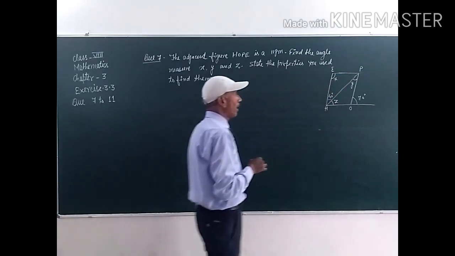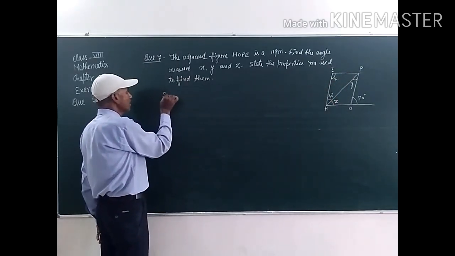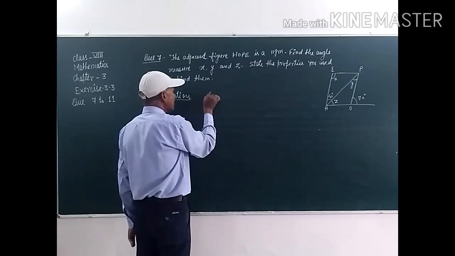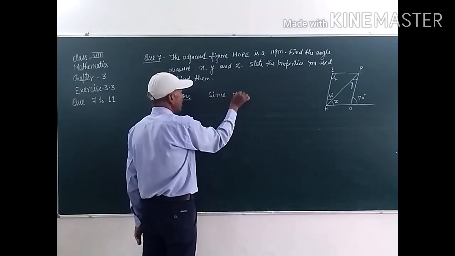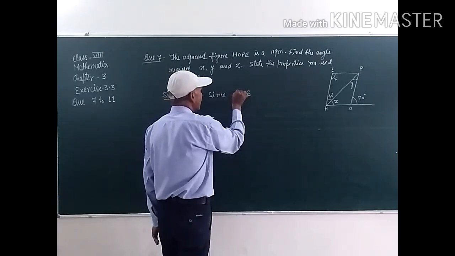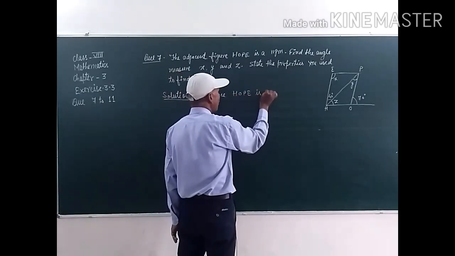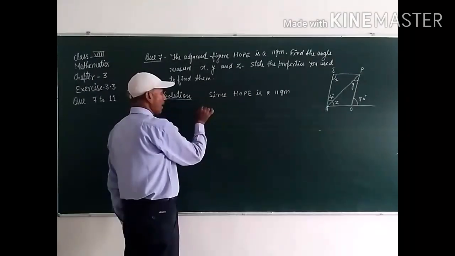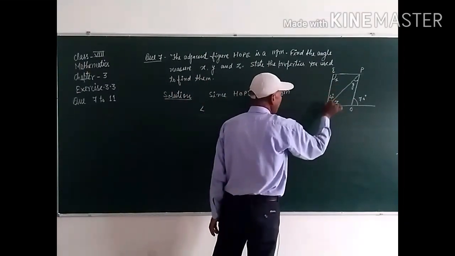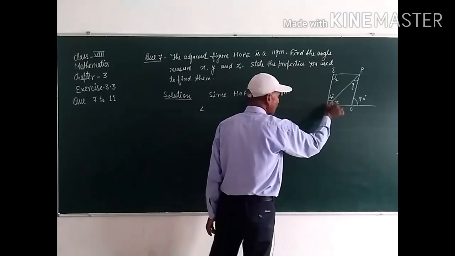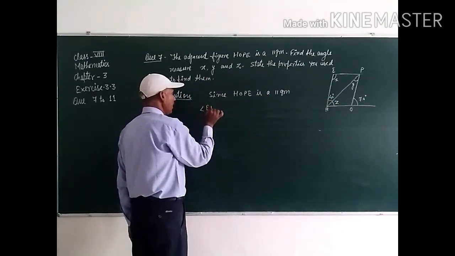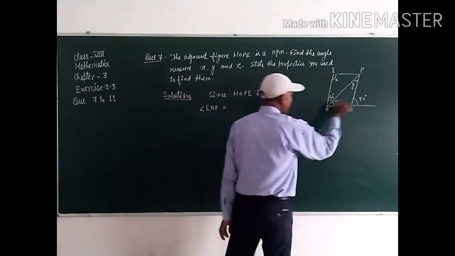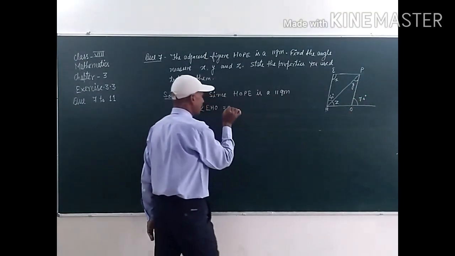HOPE is a parallelogram. So student, solution is: since HOPE is a parallelogram, therefore angle EHO, this whole angle, student, angle EHO is equal to this angle, that is 70 degree.